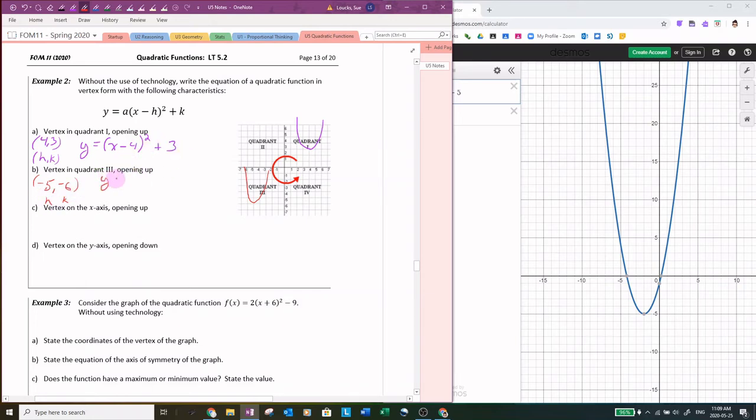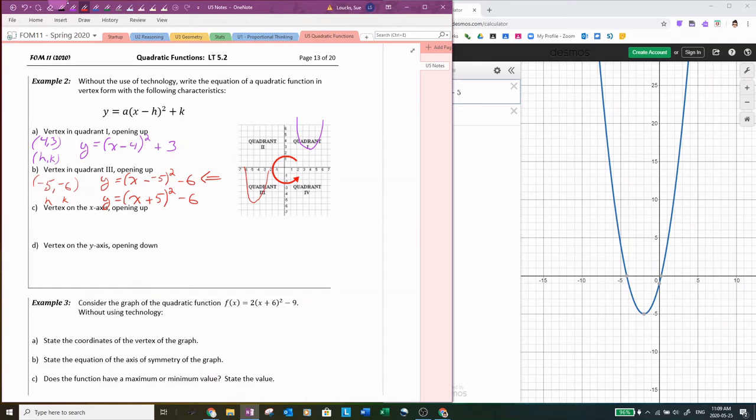My equation is y equals (x minus h), which is (x minus -5) all squared minus 6. And I so strongly recommend that you write it out this way with the minus negative. I'm always a fan of fewer errors. And then change it to (x plus 5) squared minus 6, because that's how we usually write it, okay?